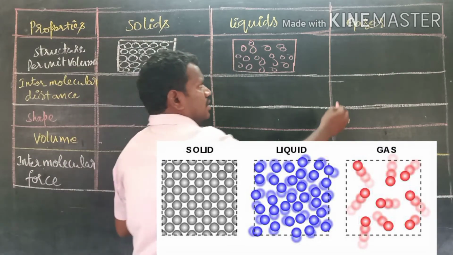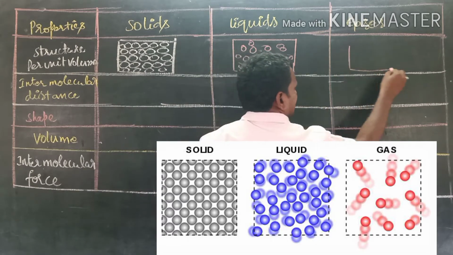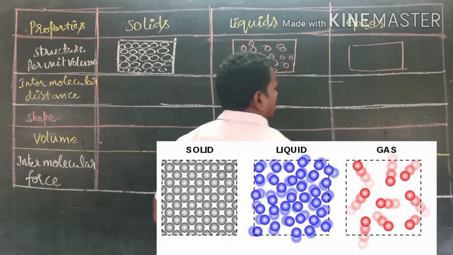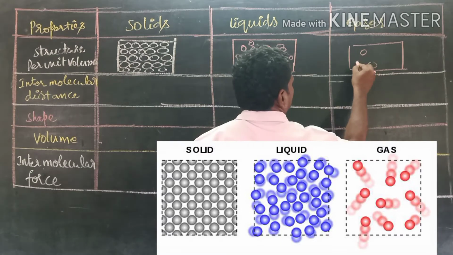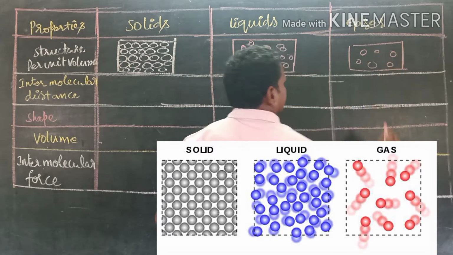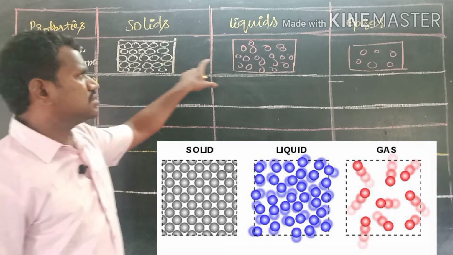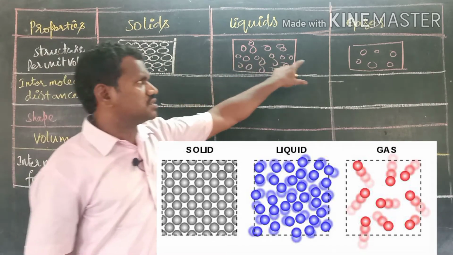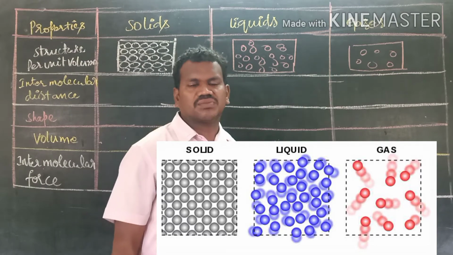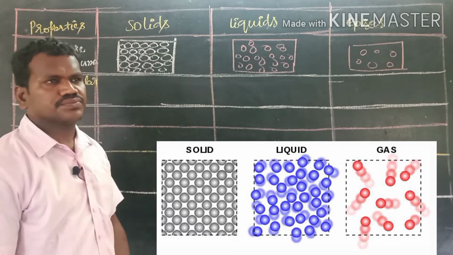And if you come to gases, even in a unit volume, there is a very small number of particles. So large quantity of particles in solids, a little less in liquids, and very few in gases.